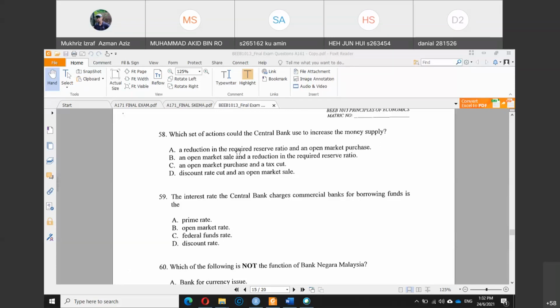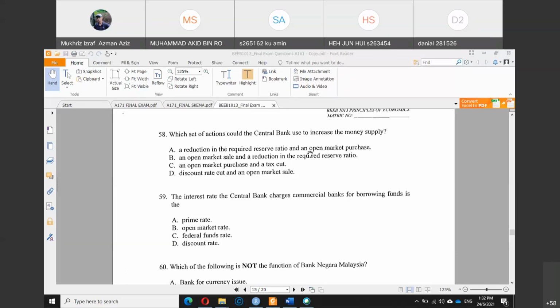Increasing the reserve ratio means less money for the bank to give out as loans. Reducing the reserve ratio means more money for the bank to give out as loans. So reducing the reserve ratio will in fact increase the money supply.